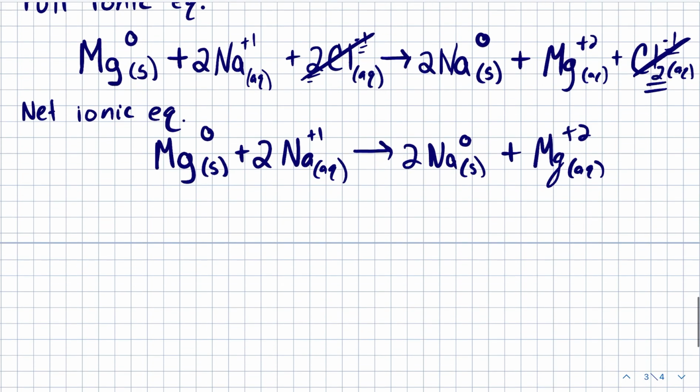So now what we're going to do is what's referred to as a redox reaction. And in my redox reaction, all I'm going to do is take my metals and write what they were in the reactants and compare them to what they were in the products.